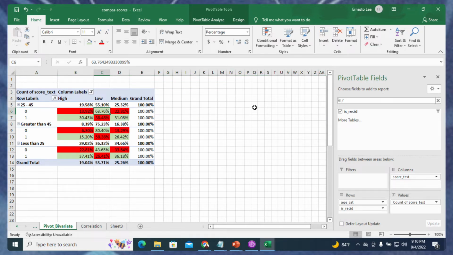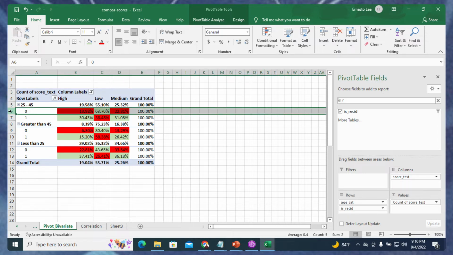It was right about 63% of the time. These are people that did not reoffend. Out of all the people that were between the ages of 25 and 45, about 36% of the time, the algorithm predicted that they would. That's an insight.